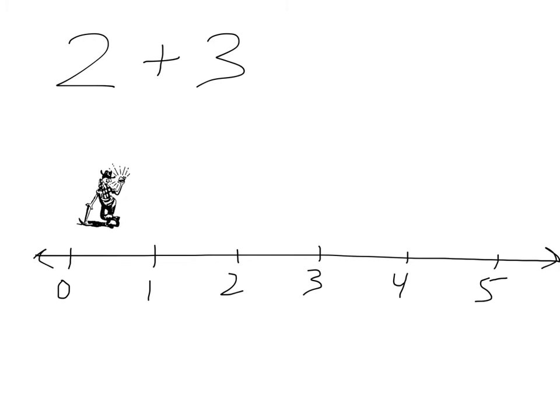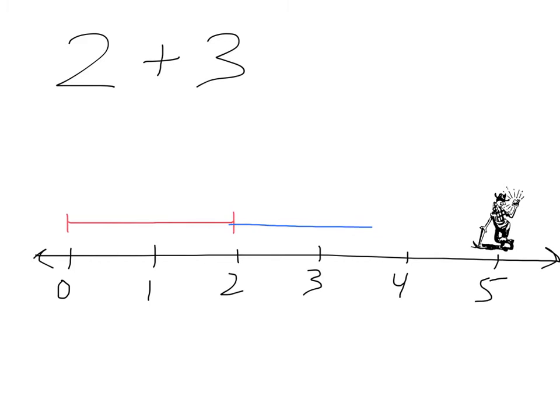Mike the Miner always starts at 0. 2 plus 3 says take him and move him 2 spaces forward. He walks 2 spaces forward. And then the plus says he walks another 3 spaces forward. And of course he ends up at the 5. So the first thing he did was he walked 2 spaces forward, and then he walked 3 spaces forward to end up at the 5. So we found out that 2 plus 3 was equal to 5.